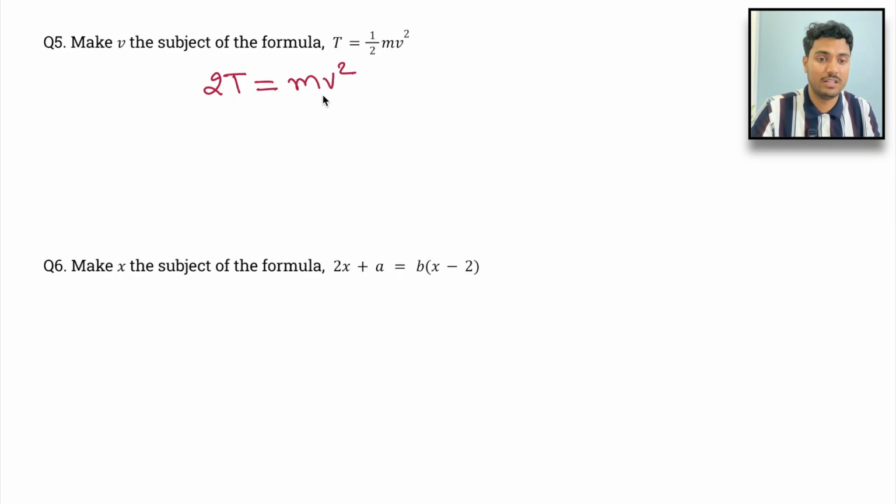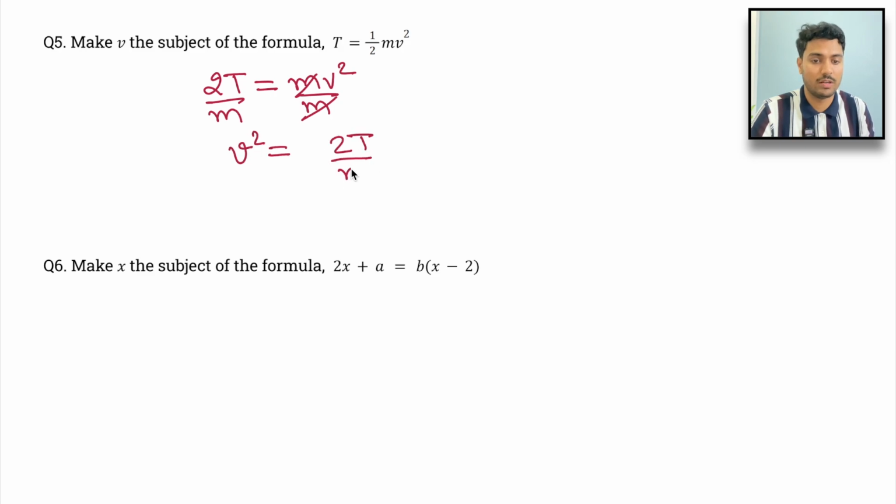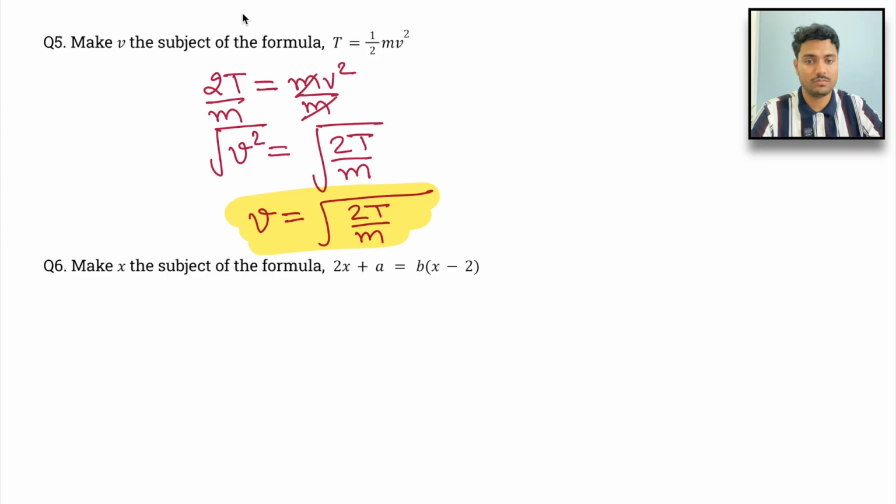We still have an additional m with v square. So divide by m both sides. So m will cancel out. So now we have v square is equal to 2t upon m. So let's take under root both sides to eliminate the square or power 2. So we can write v is equal to under root of 2t upon m as the final answer.